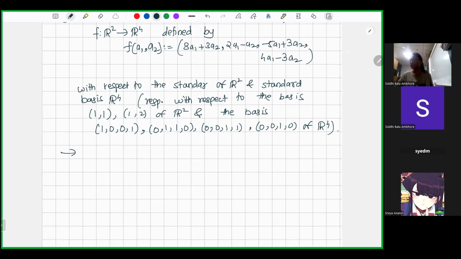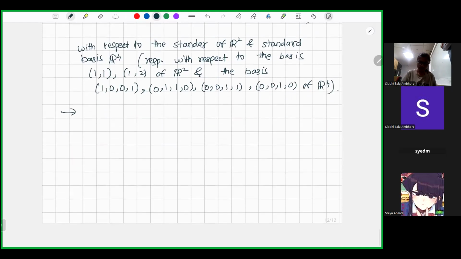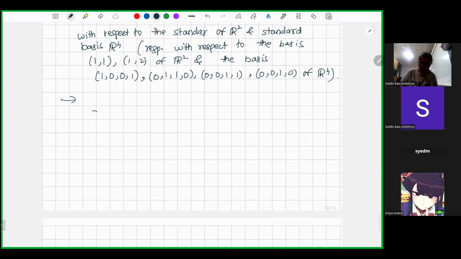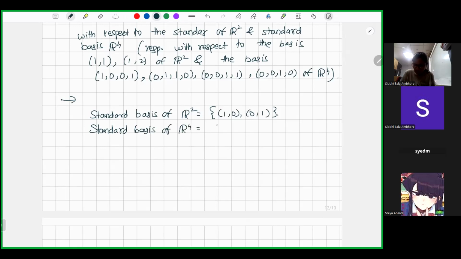Yes. So our standard basis for R3 to R4: the standard basis of R2 is just 1, 0, 0, 1, and the standard basis of R4 is 1, 0, 0, 0, 0, 1, 0, 0, 0, 0, 0, 1, sorry, not 1, 0.